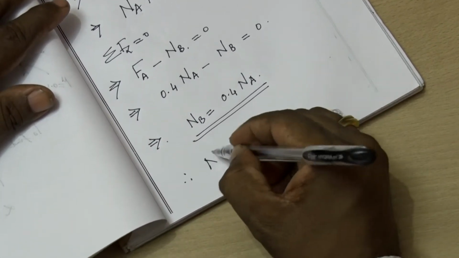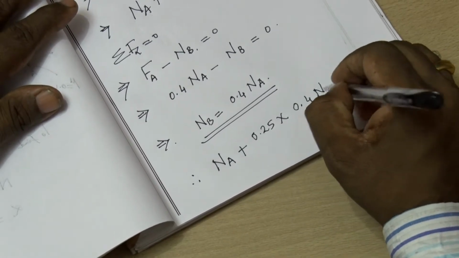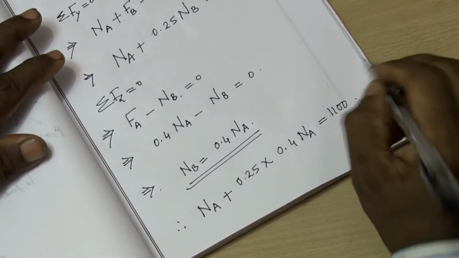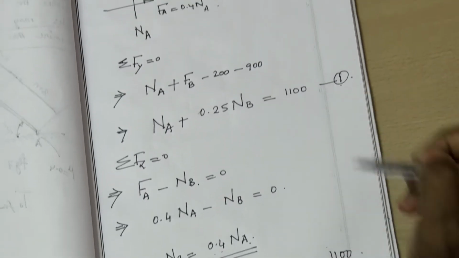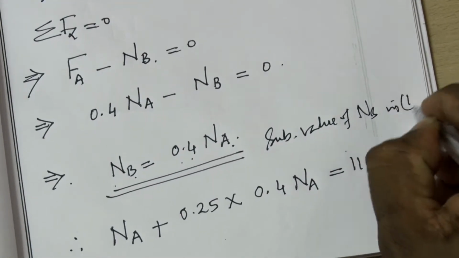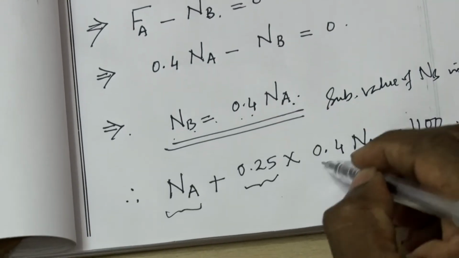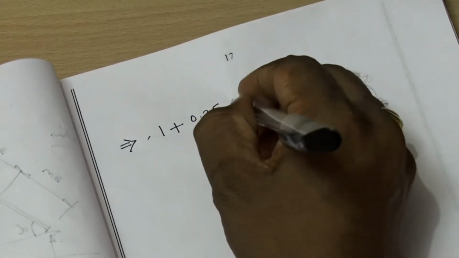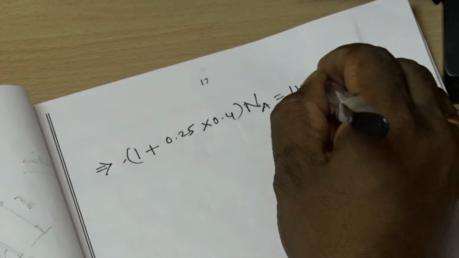Therefore, substituting the value of Nb as 0.4 Na in equation 1, we get Na plus 0.25 into 0.4 Na equal to 1100. Taking Na common, we get 1 plus 0.25 multiplied by 0.4, into Na, is equal to 1100.